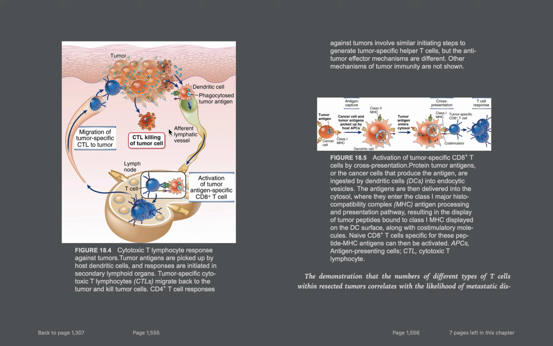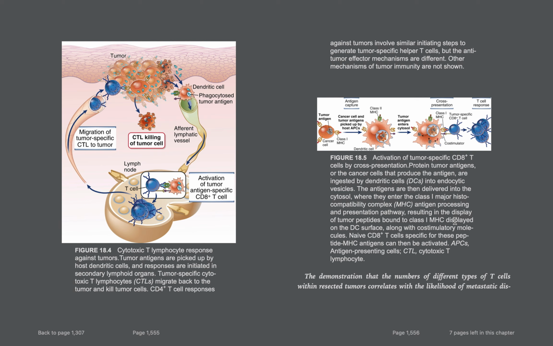Naive CD8 T cells specific for these peptide-MHC antigens can then be activated. So normally here you have tumor antigens, the cancer cell, class 1 MHC, then the antigen capture. After being captured, tumor antigen is picked up by antigen presenting cells, processed, and presented as class 2. Tumor antigen enters the cytosol. From the cytosol, it can get into MHC class 1, which will be presented to CD8 T cells.